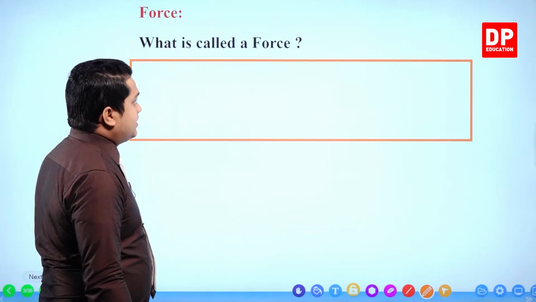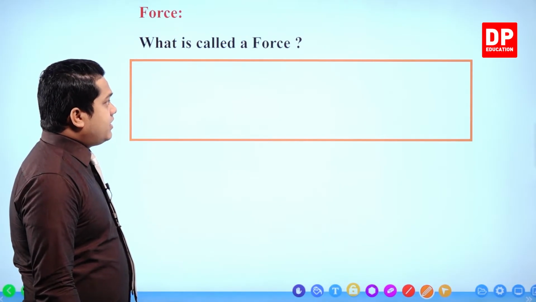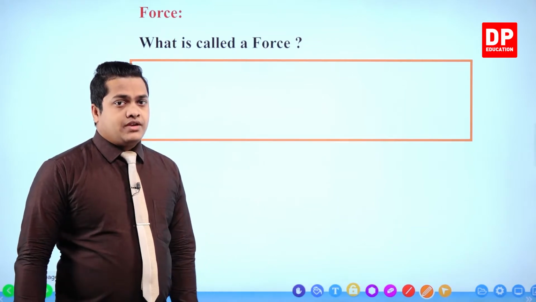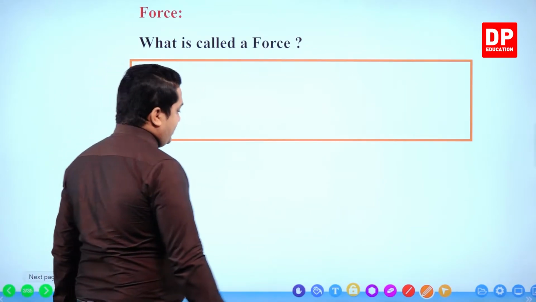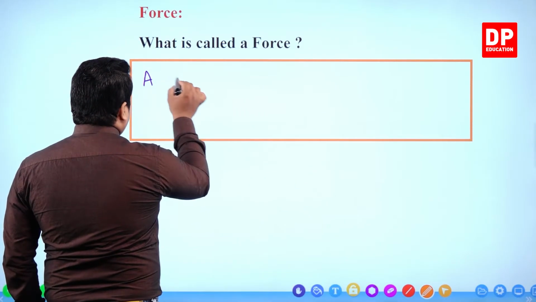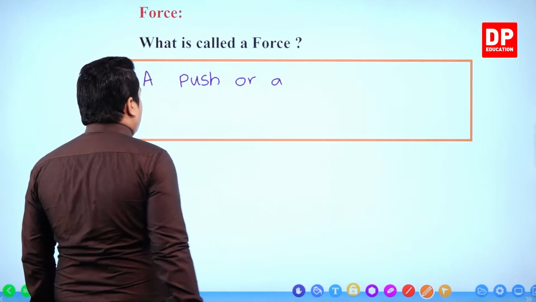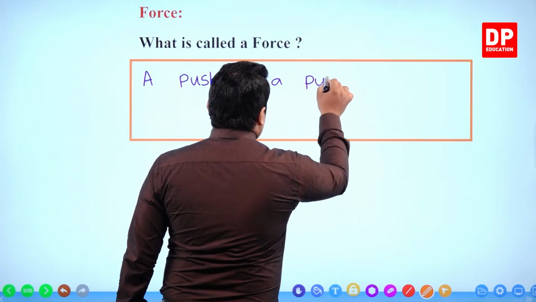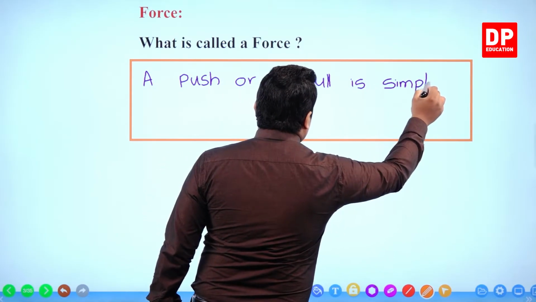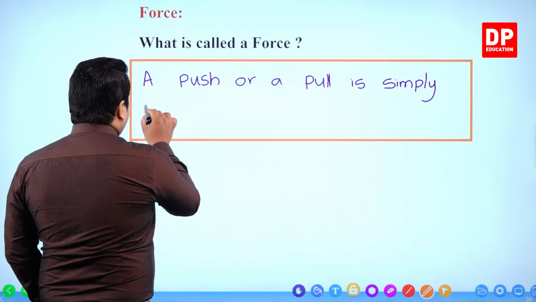So my dear children, the first and foremost question given here: what is called a force? Now I'm going to write in this box what we mean by the force. Okay, so we can define the force like this: a push or a pull is simply called a force.